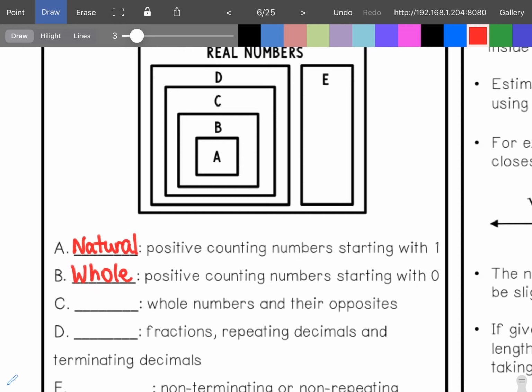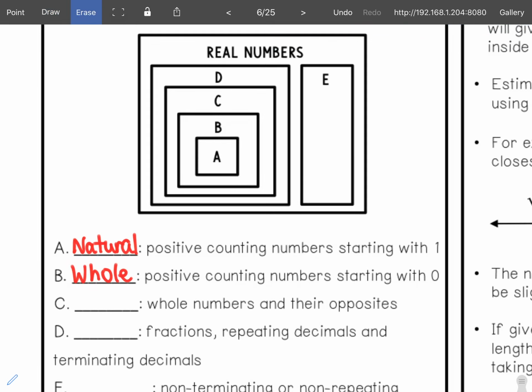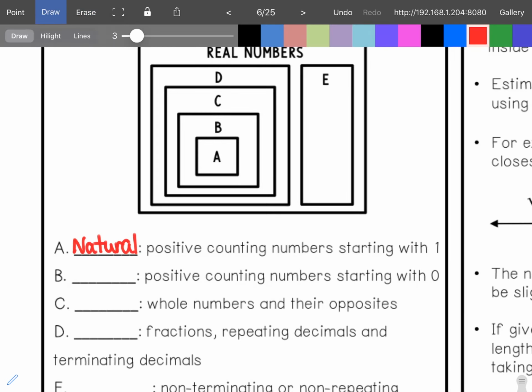Actually, you know what I think I'm going to do? I'm going to make this box red. And if you have some colors, maybe you can pause this and color code this as you go along if you like, just a suggestion.